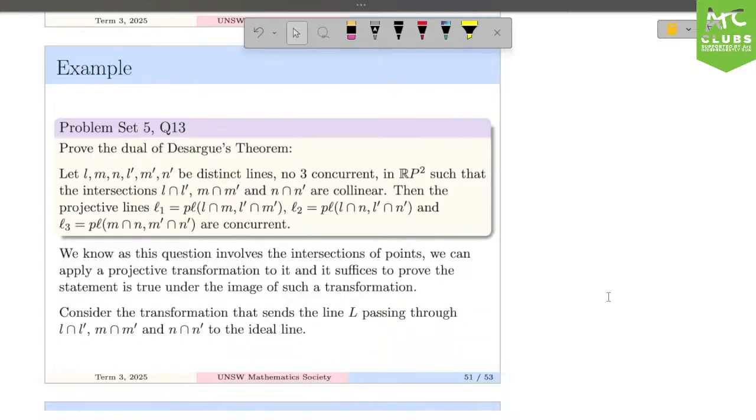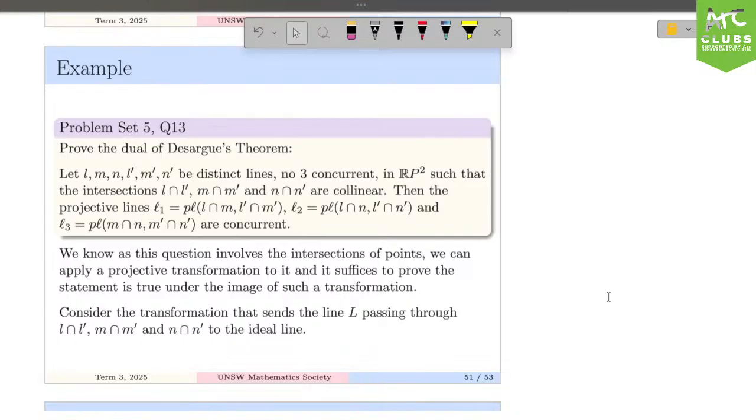Okay, we have L1 goes through those intersection points. L2 is for L and N. Okay.